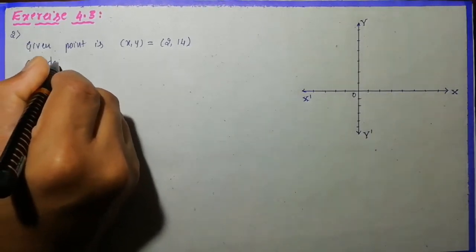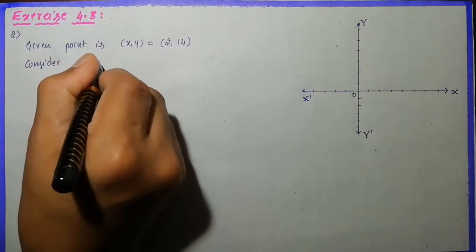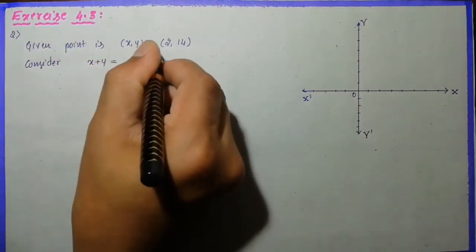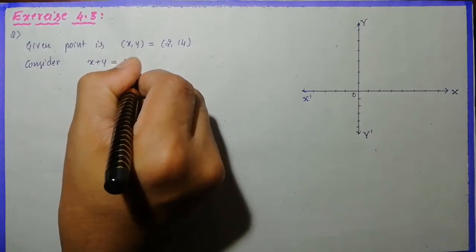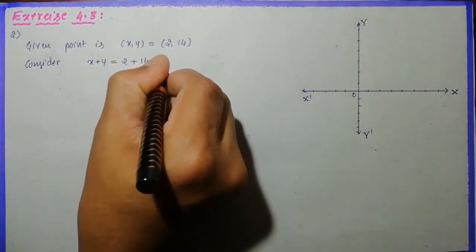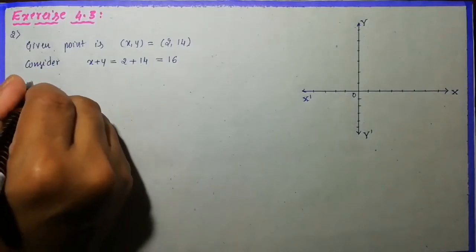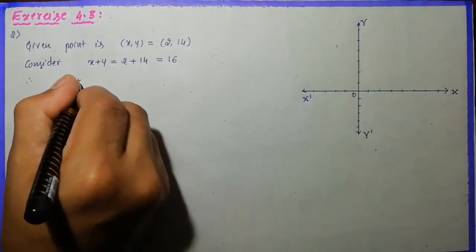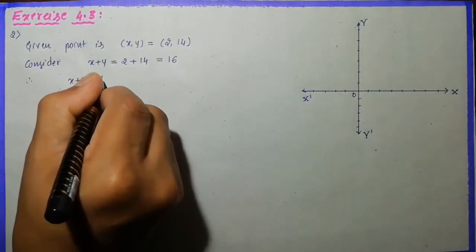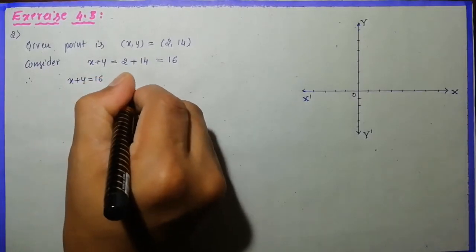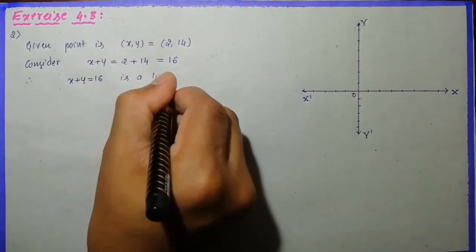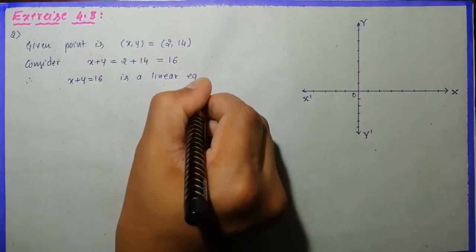Consider x plus y. So x is equal to 2, y is equal to 14, which becomes 16. Therefore x plus y is equal to 16 is a linear equation.